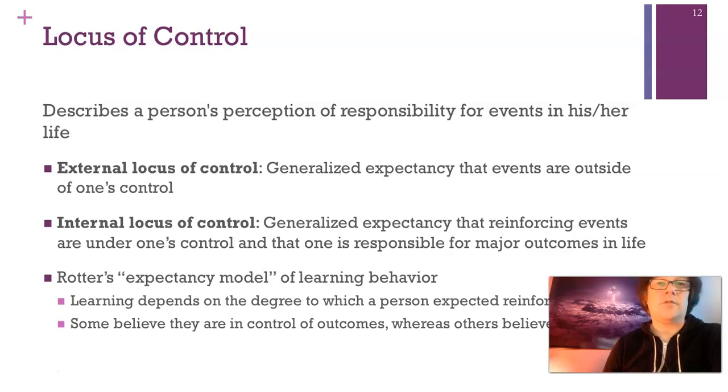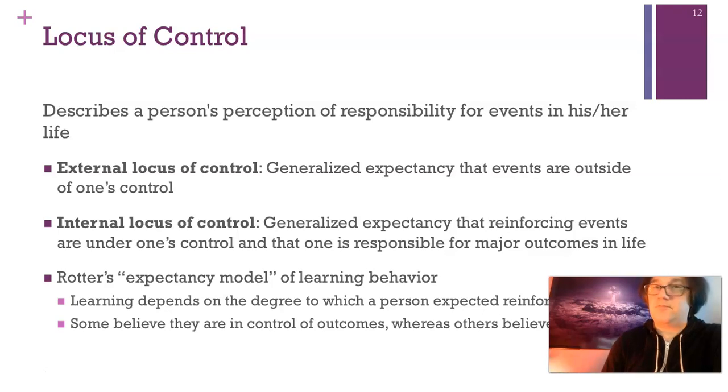External locus of control basically means we feel that events in our lives are almost predetermined. They're outside of our control. Those of us with an internal locus of control have a generalized expectancy that reinforcing events are under one's control, and that one is responsible for major outcomes in life.